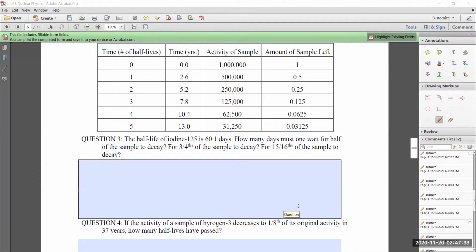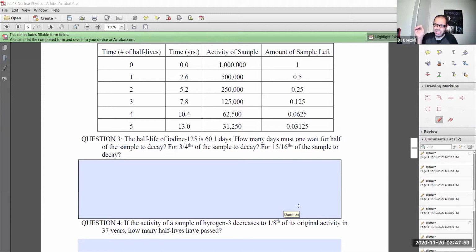Okay, very good. So how about 15/16? If you're left with a 16th, that's 4 half-lives. So you have a fourth after 120 days. You're going to lose half of the fourth in another 60 days.